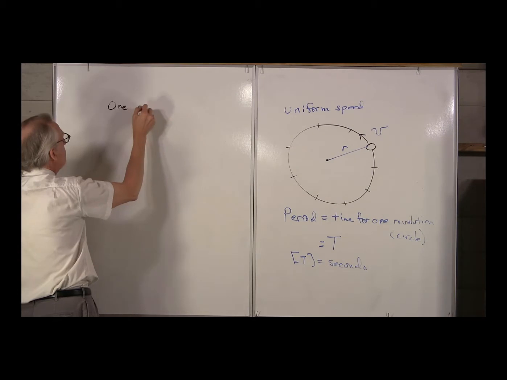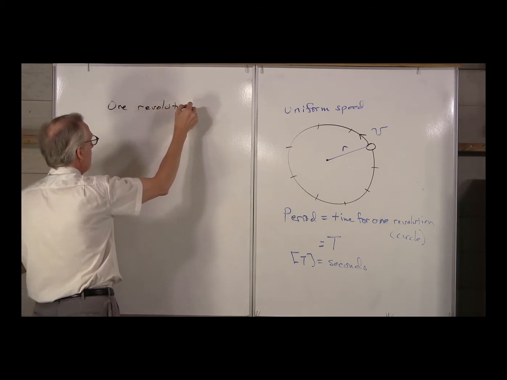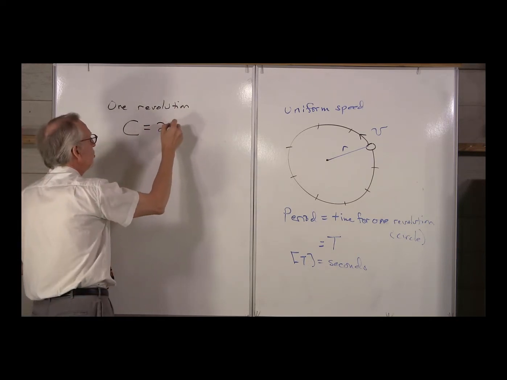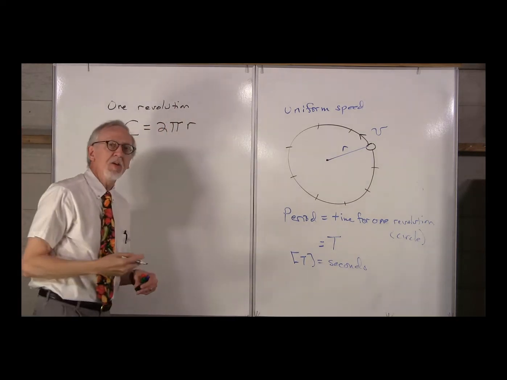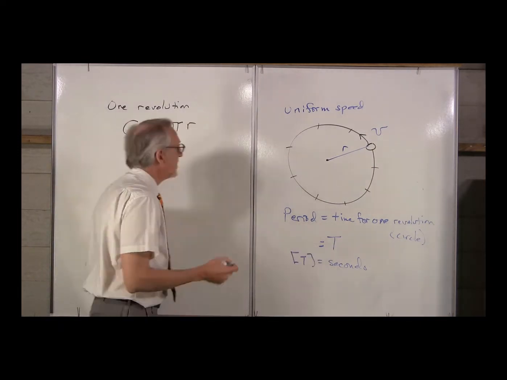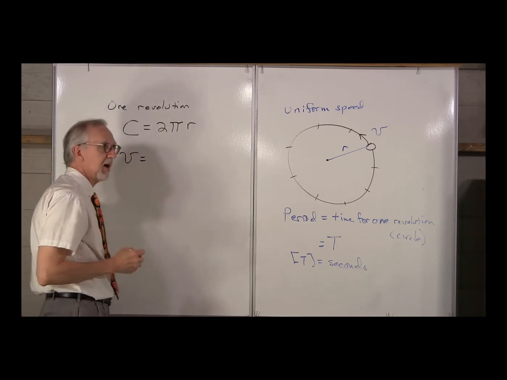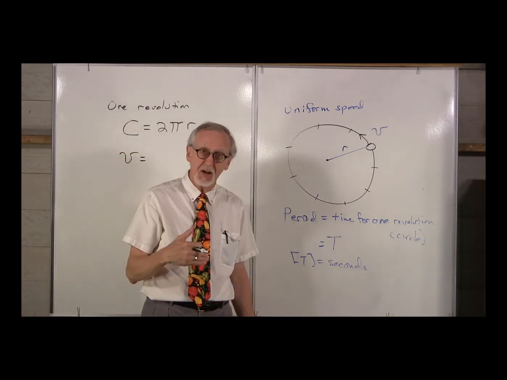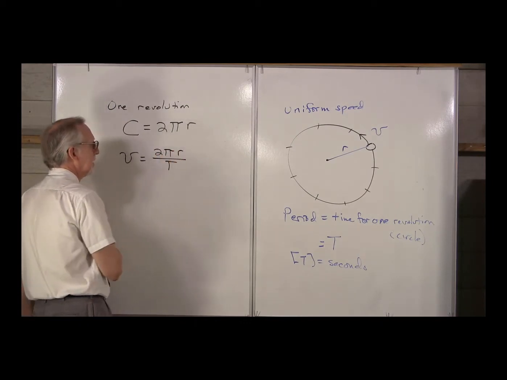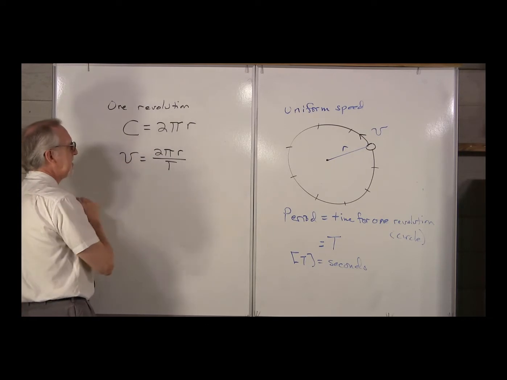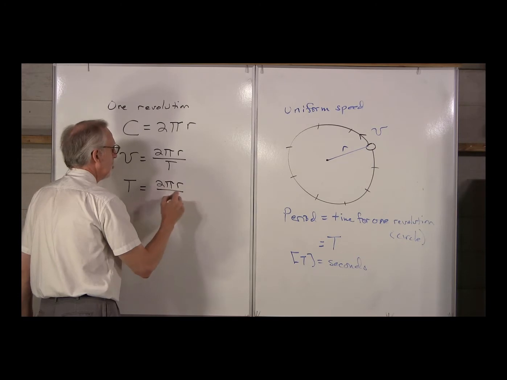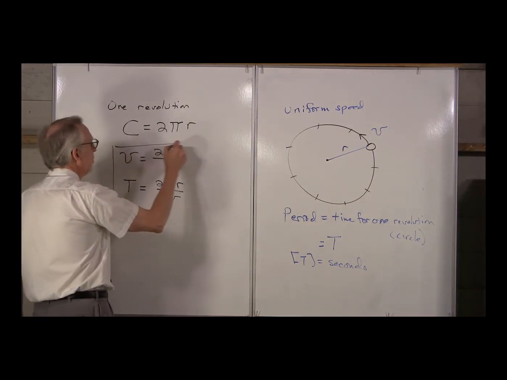So for 1 revolution, the distance traveled will be the circumference of the circle, which is 2 pi r. The amount of time that it takes for 1 revolution is the period. The speed then we can write as the distance per time, which is 2 pi r over the period. We can multiply by T, divide by v, and we can also write this as T is equal to 2 pi r over v.